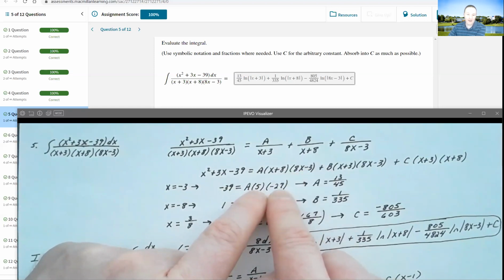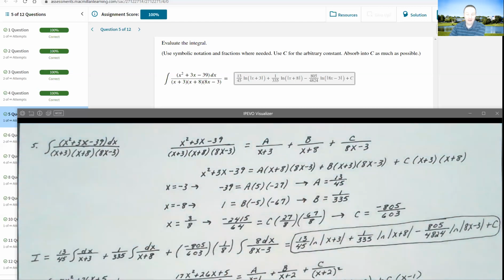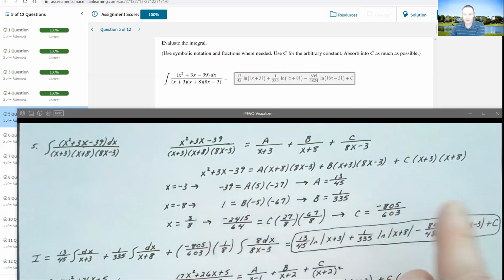So I get a times negative 135 is going to equal negative 39. So a is negative 39 over negative 135. That's going to reduce down to a positive 13 over 45, reduced down by a factor of 3 over 3, and the negatives cancel.